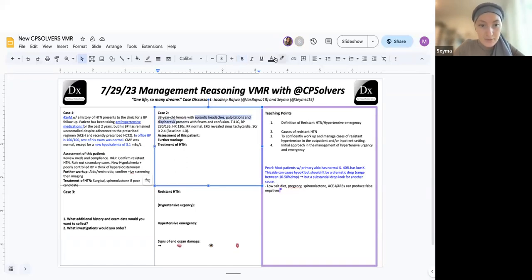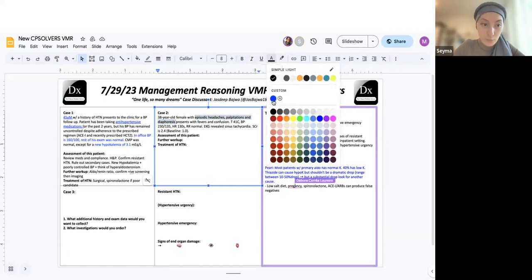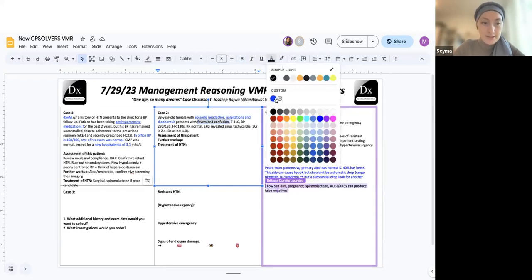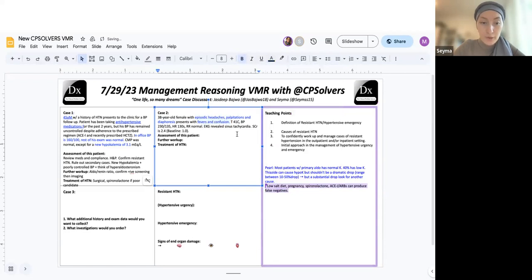An EKG revealed sinus tachycardia. Her serum creatinine is 2.4 with a baseline of 1. And again, we have the same questions: what is the assessment of this patient, what further workup would you do, and how would you treat this hypertension?